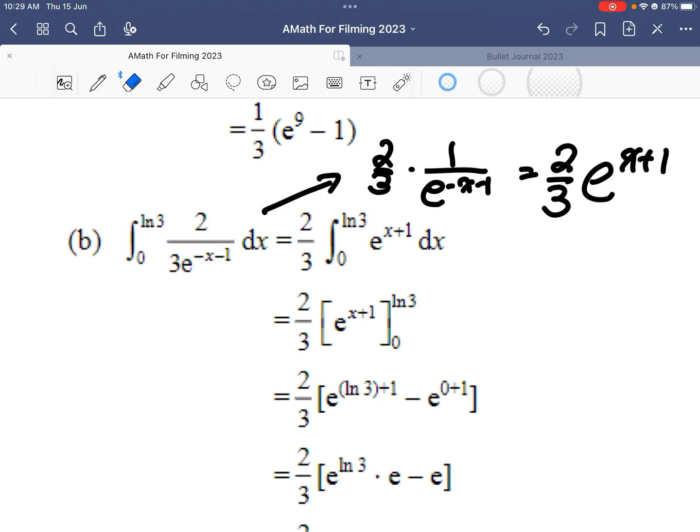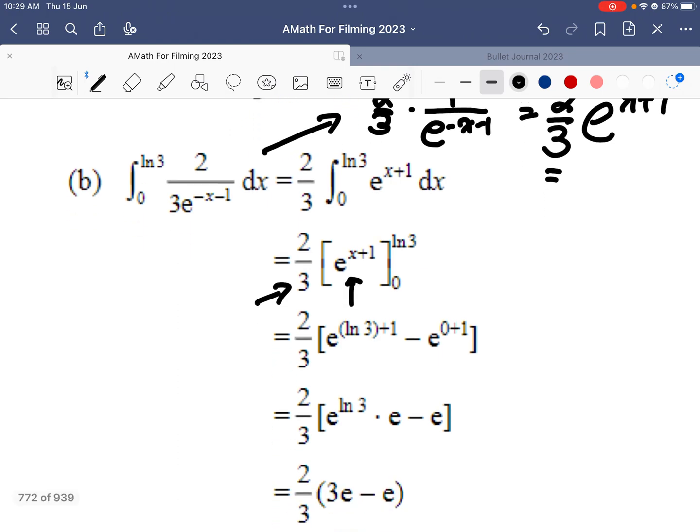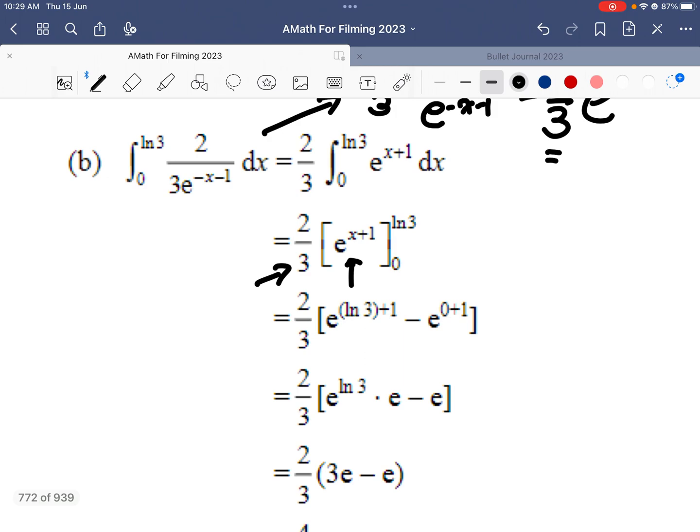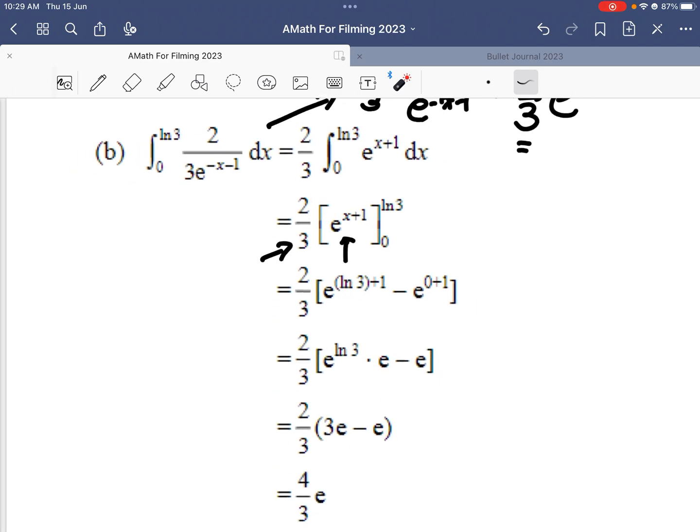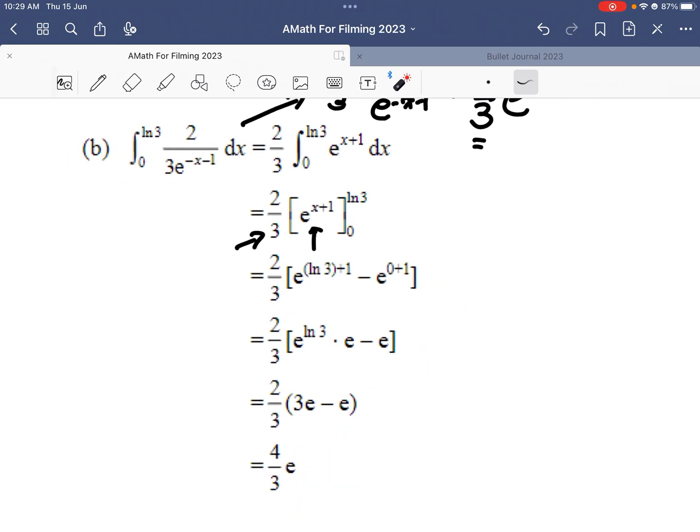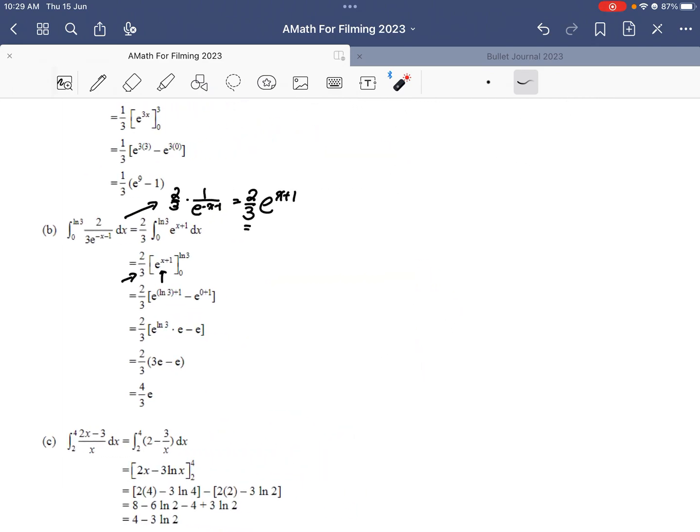Then they will factorize this 2/3 and put it out here, and what we're left with is e to the power of x plus 1 in the bracket. You substitute the appropriate values of 0 and ln 3, you get these two terms. Eventually what I get is 4 over 3 times e to the power of 1.